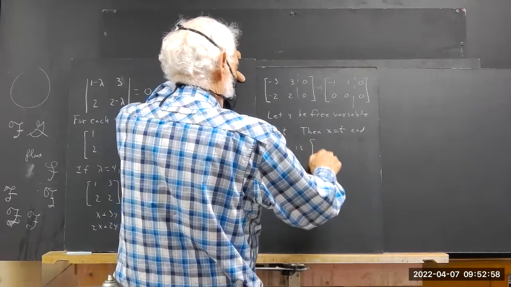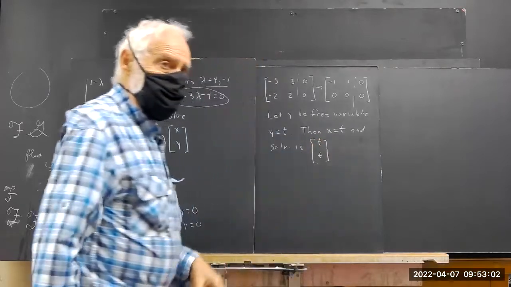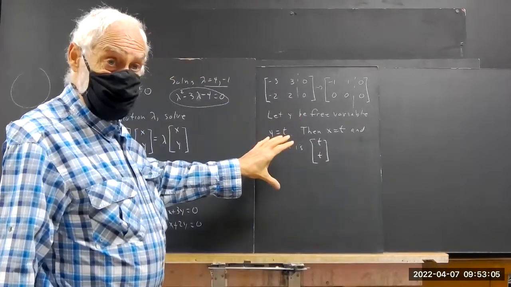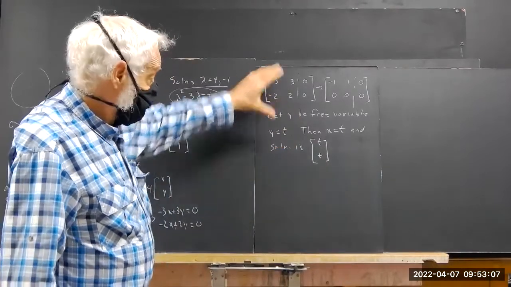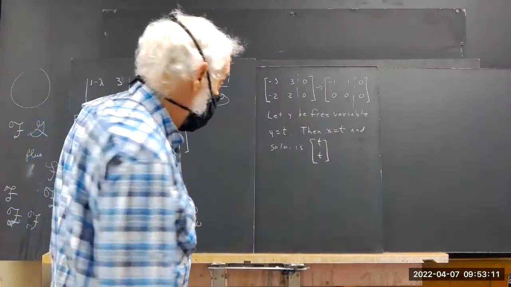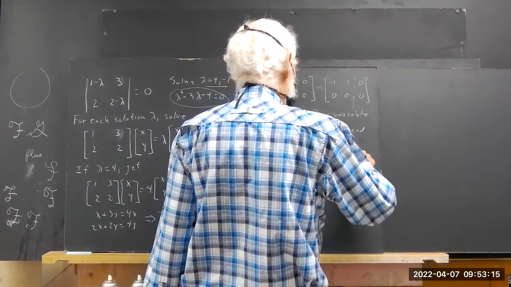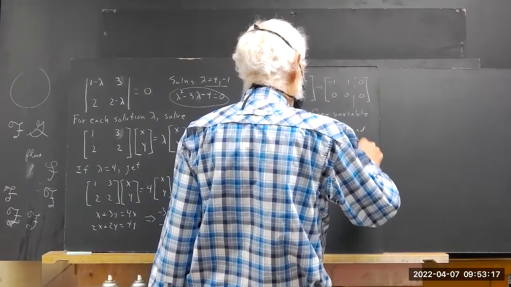And your solution is t, t. Everybody real clear on those steps? And putting it into the terminology of augmented matrices, we've got this, which of course equals t times 1, 1.